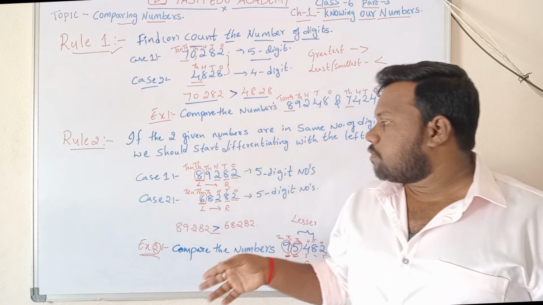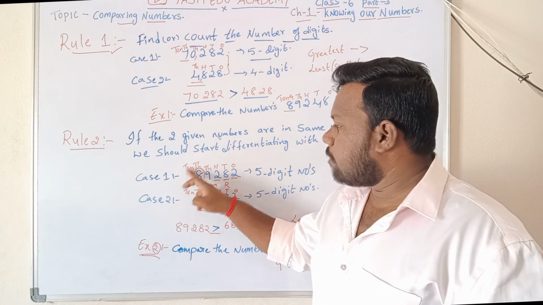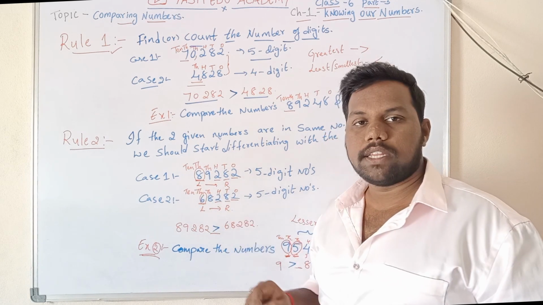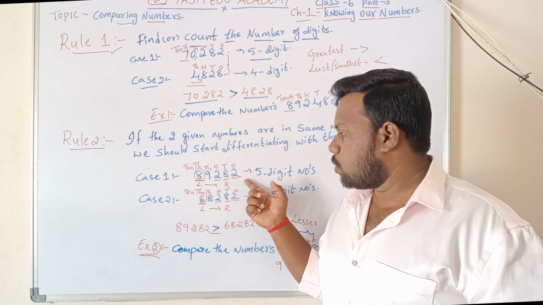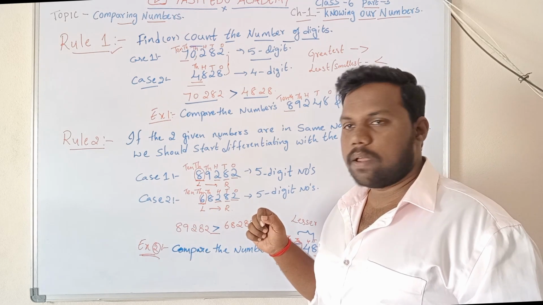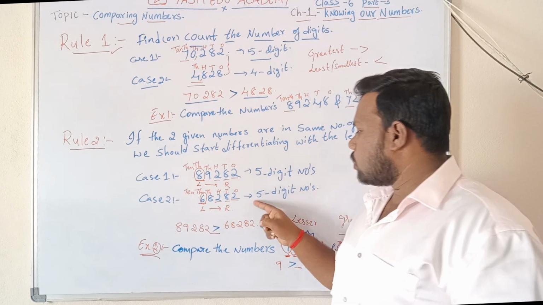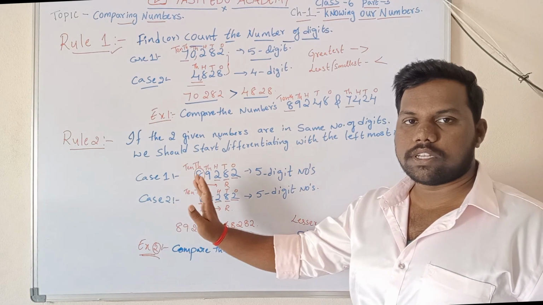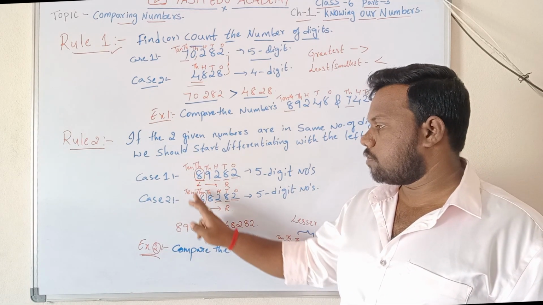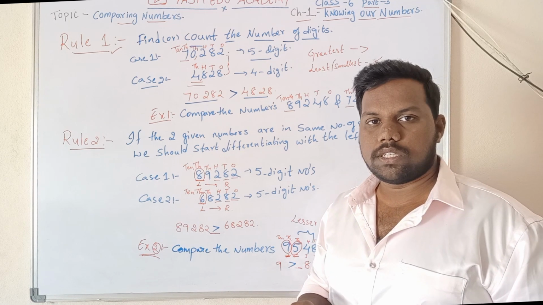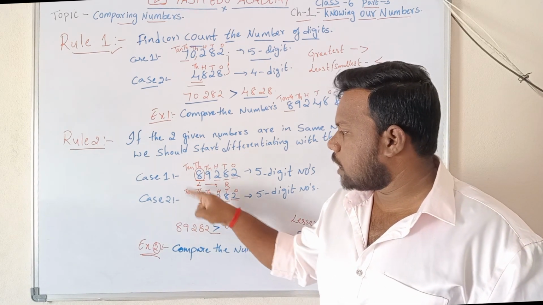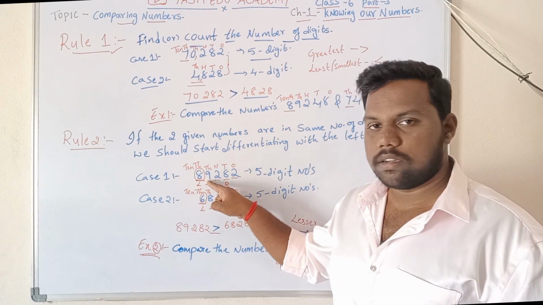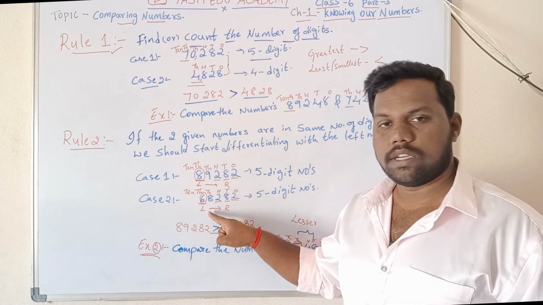We should find the leftmost value of the two given numbers. If both numbers contain 5 digits, we differentiate from the leftmost digit of the two numbers. In case 1 we got 8 here, in case 2 we got 6 here.